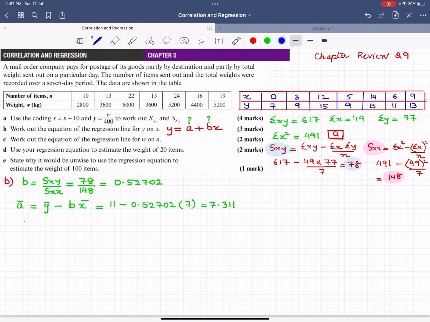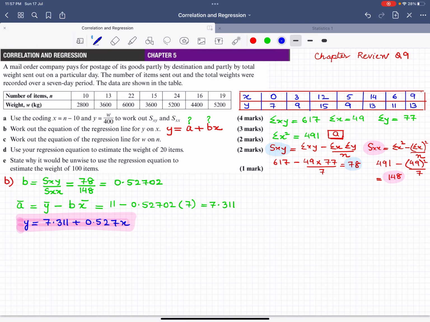So we have y is equal to 7.311 plus 0.527 into x, and that is the equation of regression line of y on x, and it is our answer to part B.